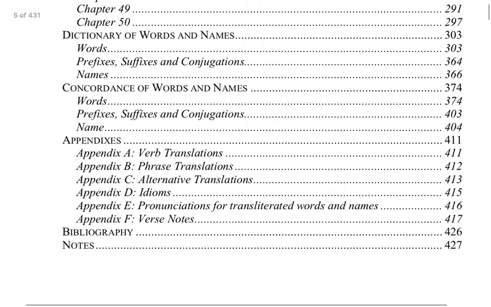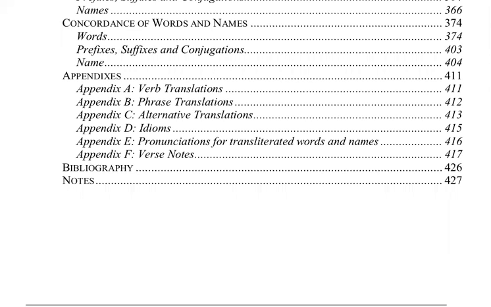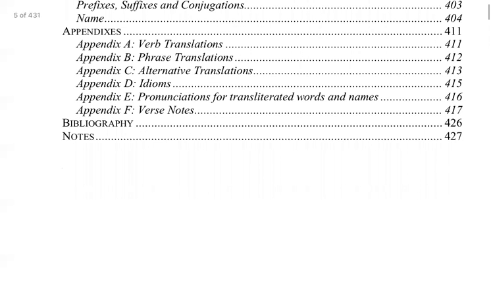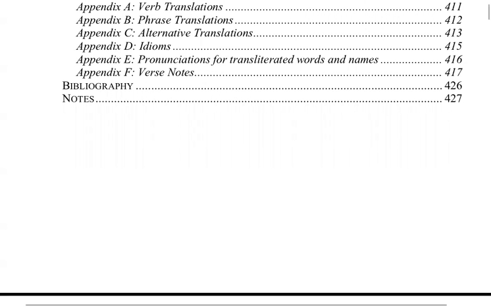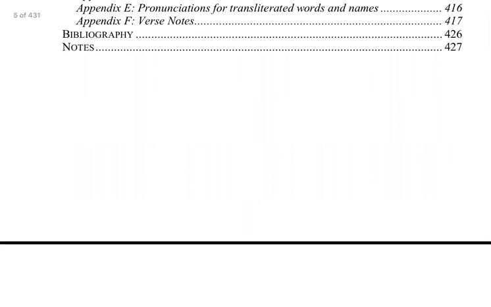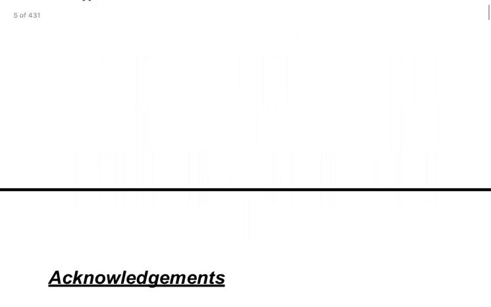And then there's a dictionary of words and names, words, prefixes, suffixes, and conjugations, names, concordance of names, of words and names. And we have a verb translation, phrase translations, alternative translations, idioms, pronunciations for transliterated words and names, Appendix F, verse notes, bibliography, and notes.